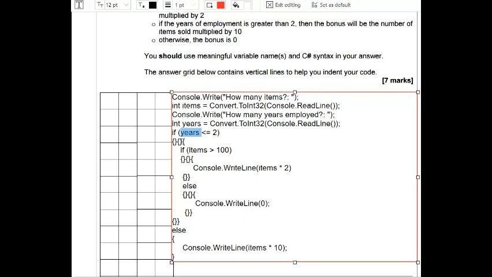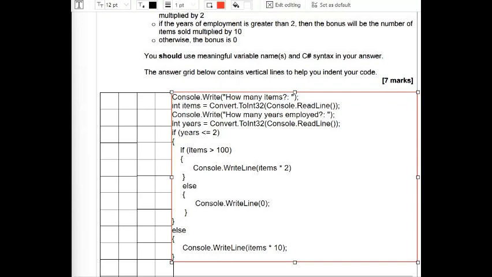So what I should have done was delete that. So you can see that this is what our code needs to look like. So that is one example of a fully correct answer there.